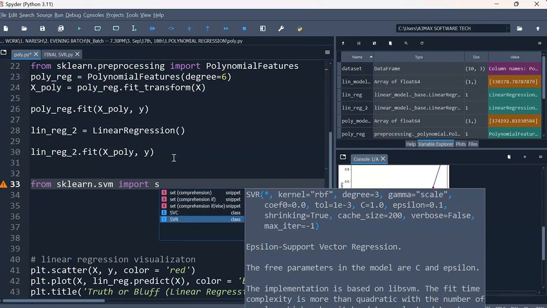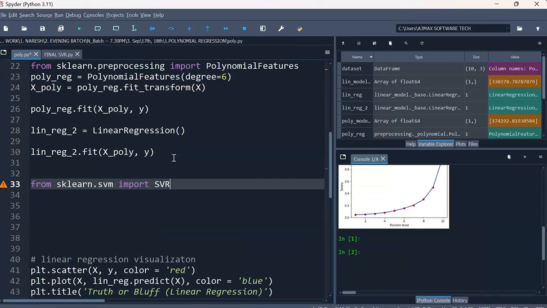SVC for classifier, SVR for regression, so let's go ahead with SVR.